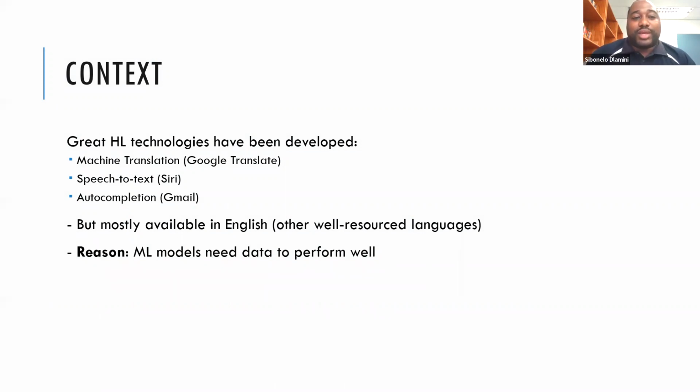We also have some low-level technologies like auto-completion, but that are actually very useful, especially for our smartphones that have a touch screen and are difficult to type on. If we have auto-completion, these words being suggested to us, that really does help us to type out messages quickly.